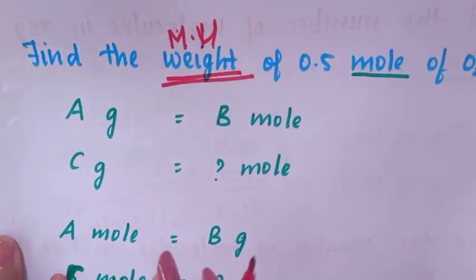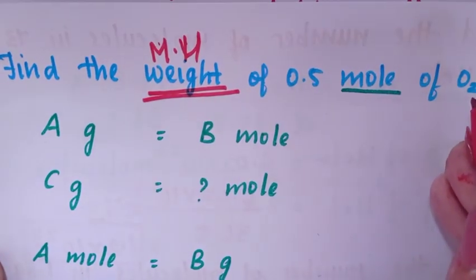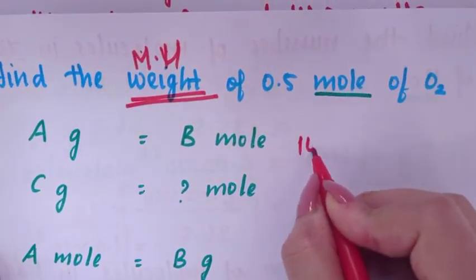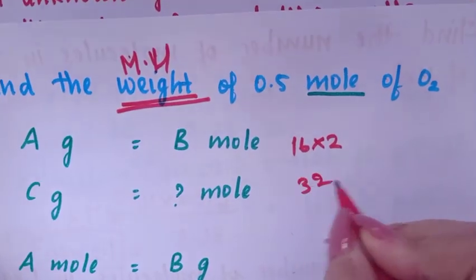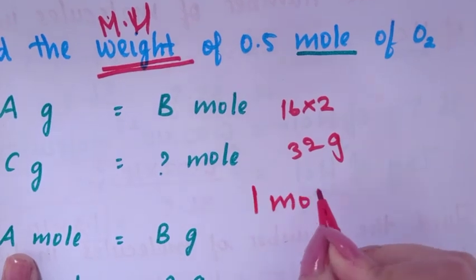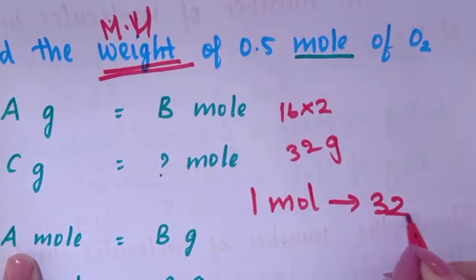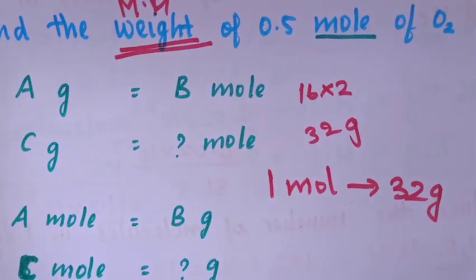So first you find the molecular mass of oxygen. For oxygen, it is 16 into 2, which is 32 gram. So 32 gram of oxygen contains 1 mole.